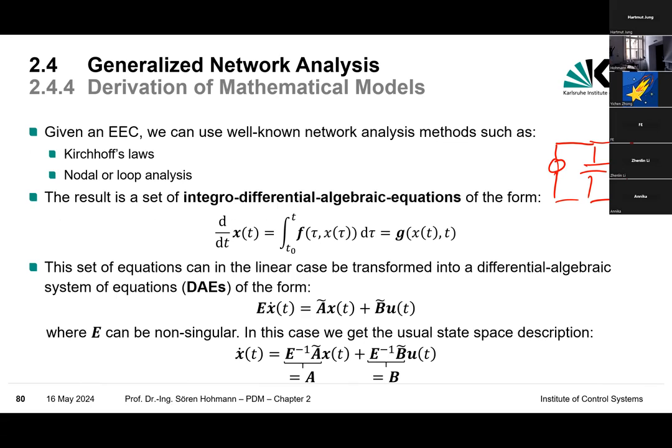Just one for one capacitor, because the second can be directly derived from the first one, and vice versa. So they are linearly dependent if you know the capacitance. If you don't know the capacitance, then it's not possible. But if C1 and C2 are known, I can calculate the charge relation between the two.